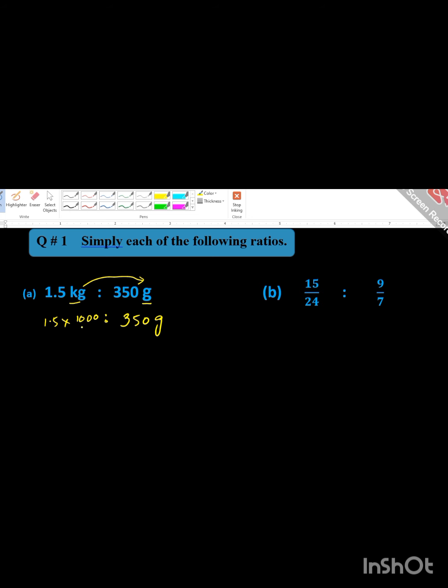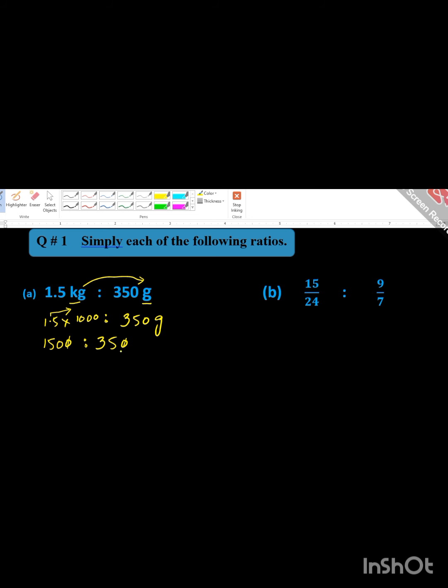When you multiply with thousands and hundreds, multiples of tens, you just change the place of the decimal. This decimal moves rightwards 3 digits. So it will come 1500 ratio 350. So you can simplify. First you can divide by 10 on both sides.